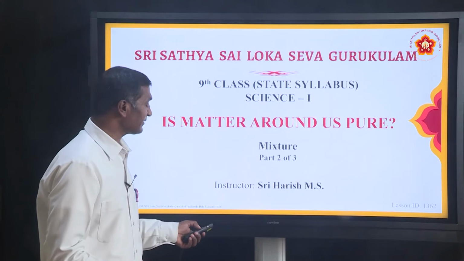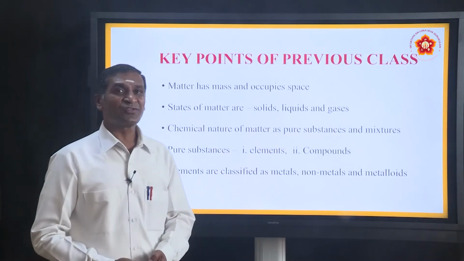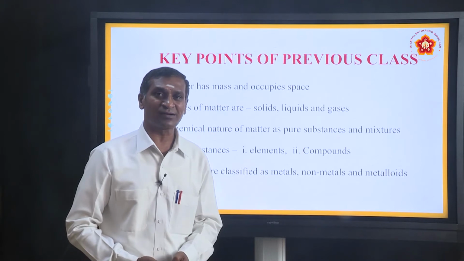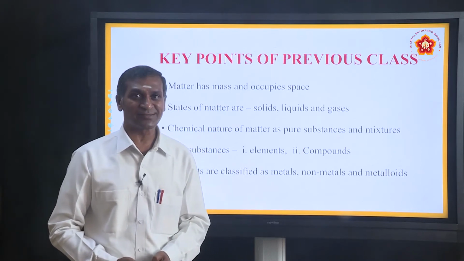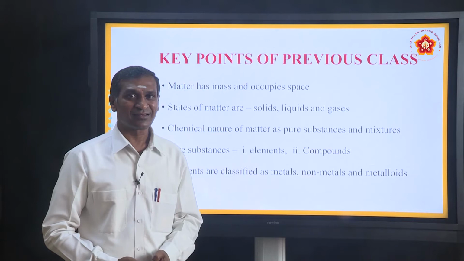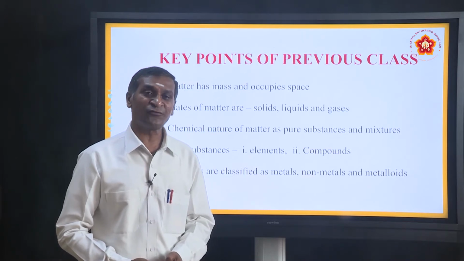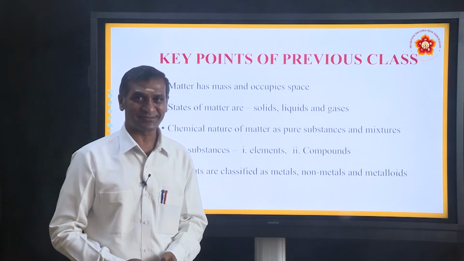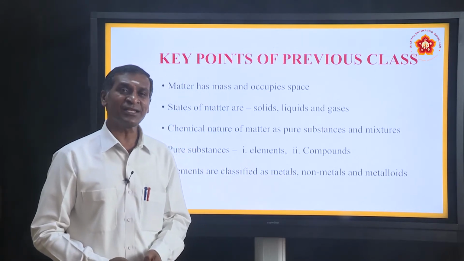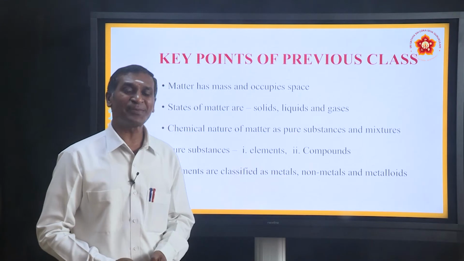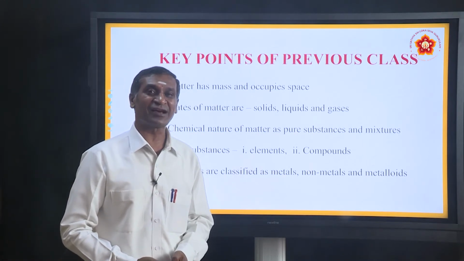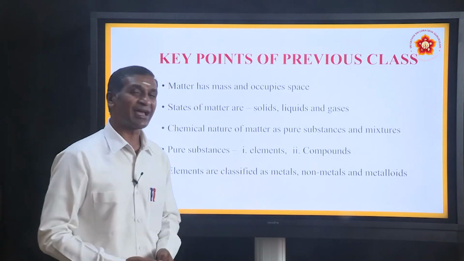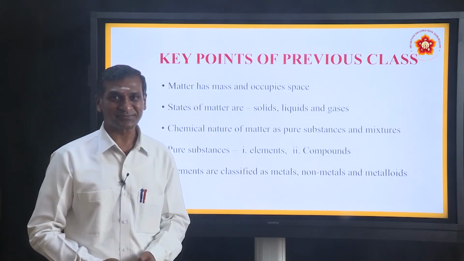In our previous class, we came to know that the matter which has mass and occupies space, in its physical form, exists in solid, liquid and gas. And the chemical nature of the matter, for better understanding, we classified into pure substances and mixtures.